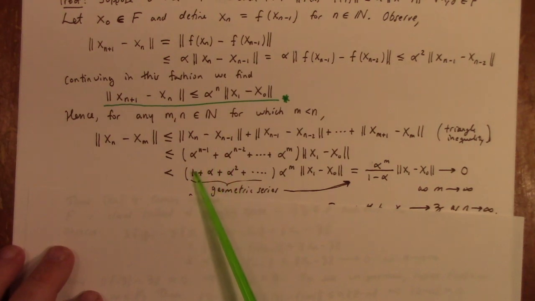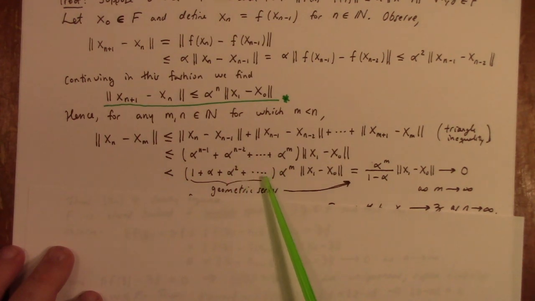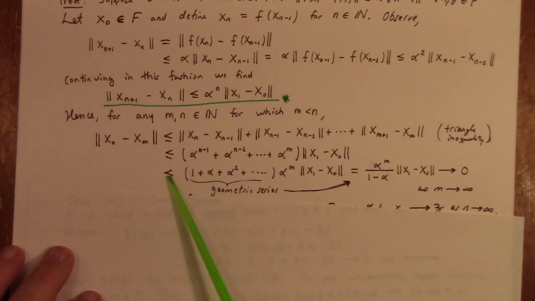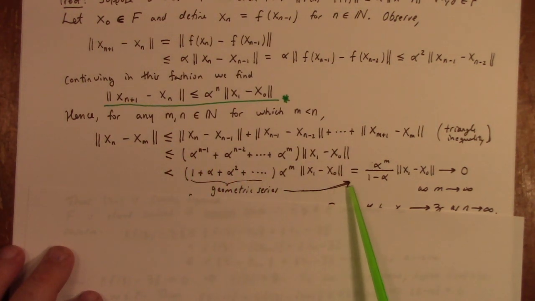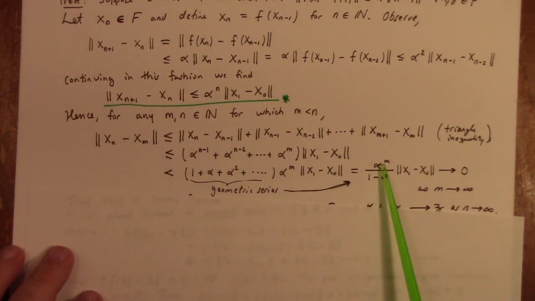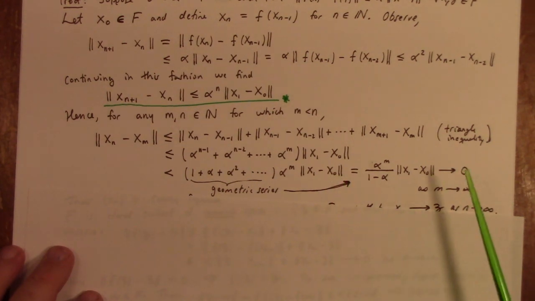Then just add the whole series; you're just adding positive terms. No harm, no foul, because it converges, since alpha is less than 1 and positive. It's clearly a strict inequality there, and we also know the series converges to 1 over 1 minus alpha. So we get alpha to the m over 1 minus alpha times the norm of x_1 minus x_0.